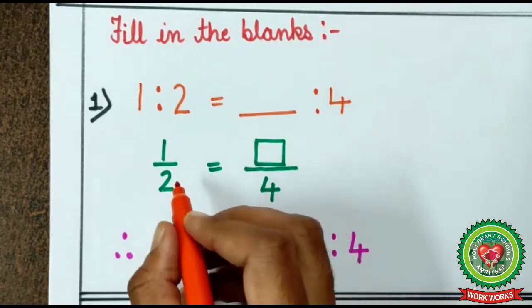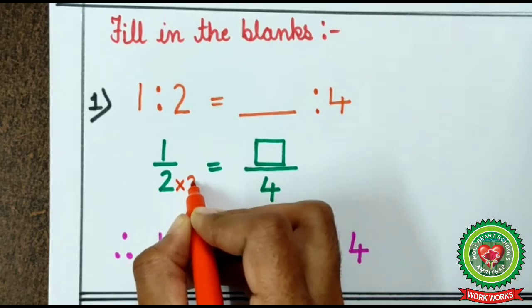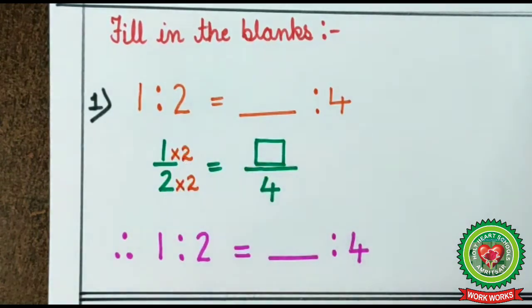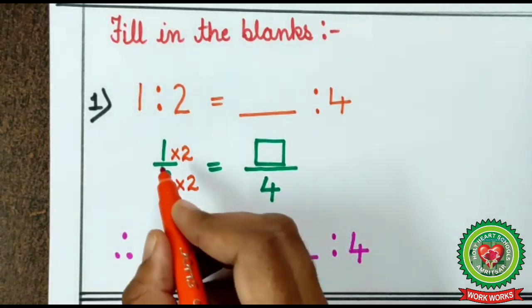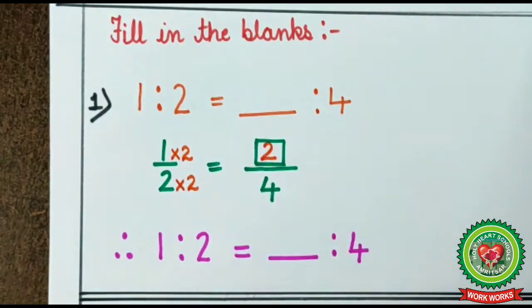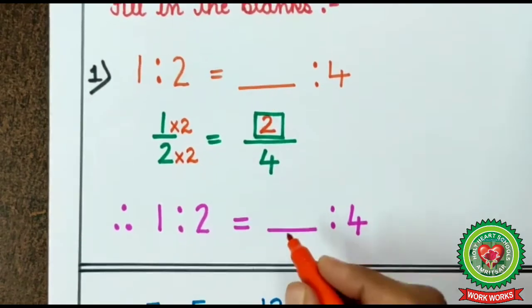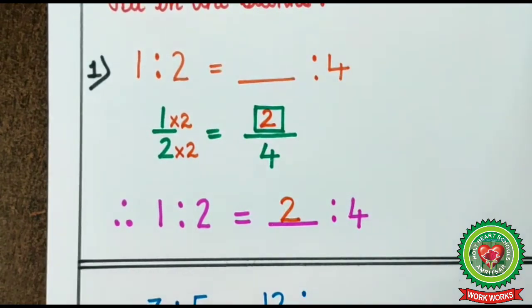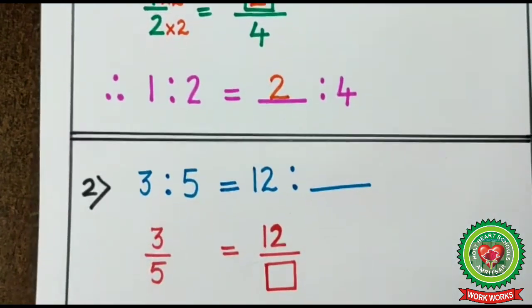At 2. That means we will multiply numerator also by 2. When you will multiply numerator by 2, here it comes 1 2s are 2. So what will come? 1:2 equals to 2:4.